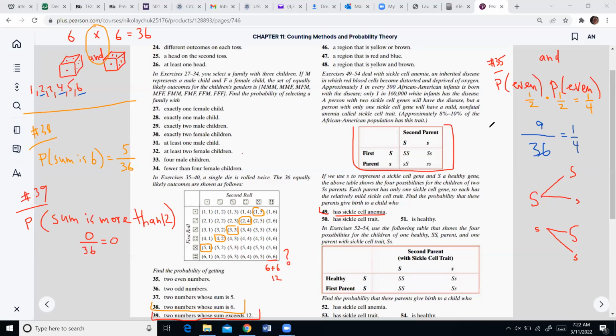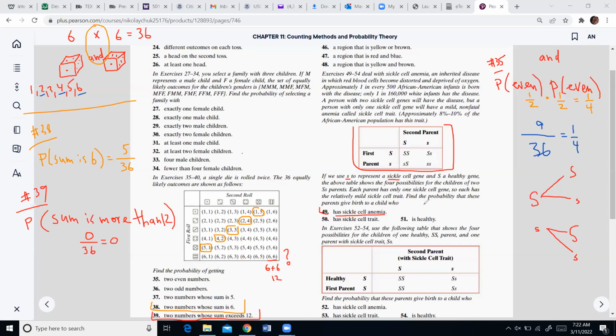So we need to read and see what that means. They say that we use a little s to represent sickle cell, and S is a healthy cell. So the illness will be produced in what case?